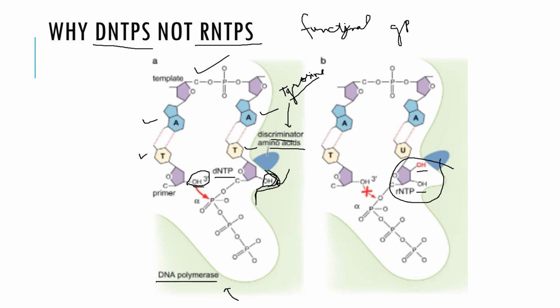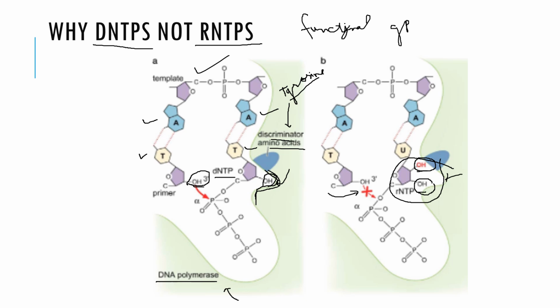Okay. Now in case dNTP were not present and rNTP was used, in that case you can see that two hydroxyl groups are present, one hydroxyl group, another hydroxyl group. If there are two hydroxyl groups, tyrosine can recognize only dNTP, tyrosine cannot recognize rNTPs. If tyrosine cannot recognize rNTPs, in that case there will be no fitting of the hydroxyl group in this bulging. If there is no fitting of the hydroxyl group in this bulging, what would be the effect?